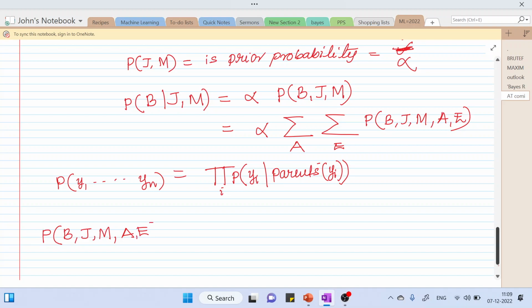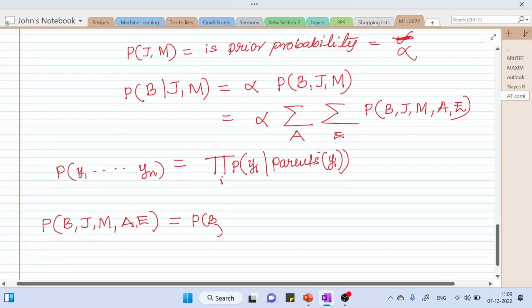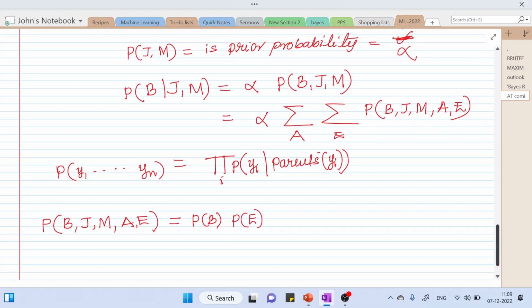Tell me, which are the independent events? First we will write. No parents. No parents. Earthquake and burglary, so the probability of B, no parent. All product only.